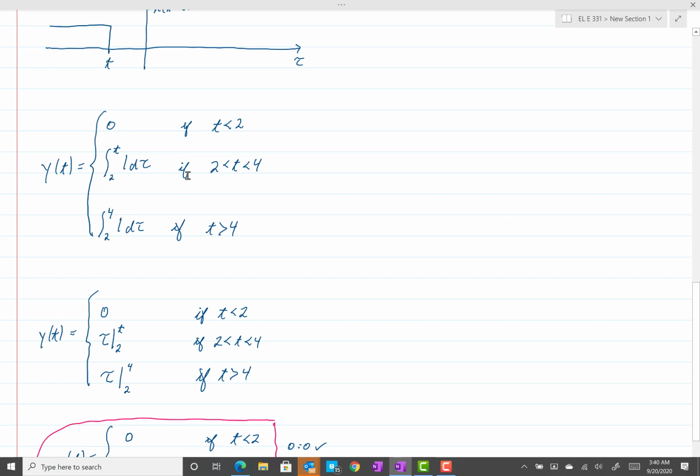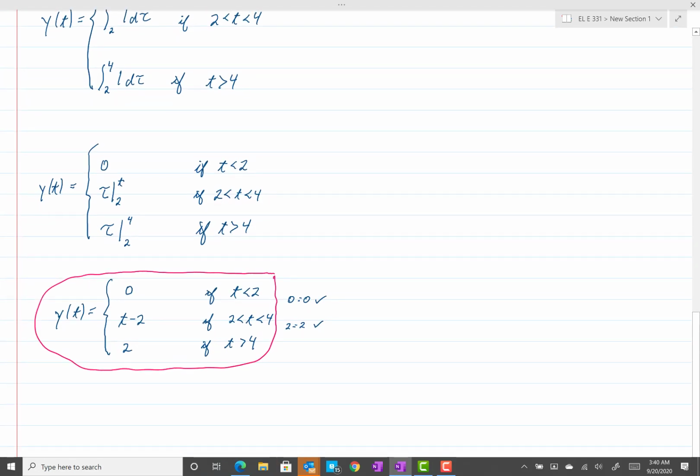So, as usual then, the integral of 1 d tau becomes tau. So here we have tau evaluated between 2 and t, and here we have tau evaluated between 2 and 4. And so our final answer becomes 0 if t is less than 2, t minus 2 if t is between 2 and 4, and 2 if t is greater than 4.